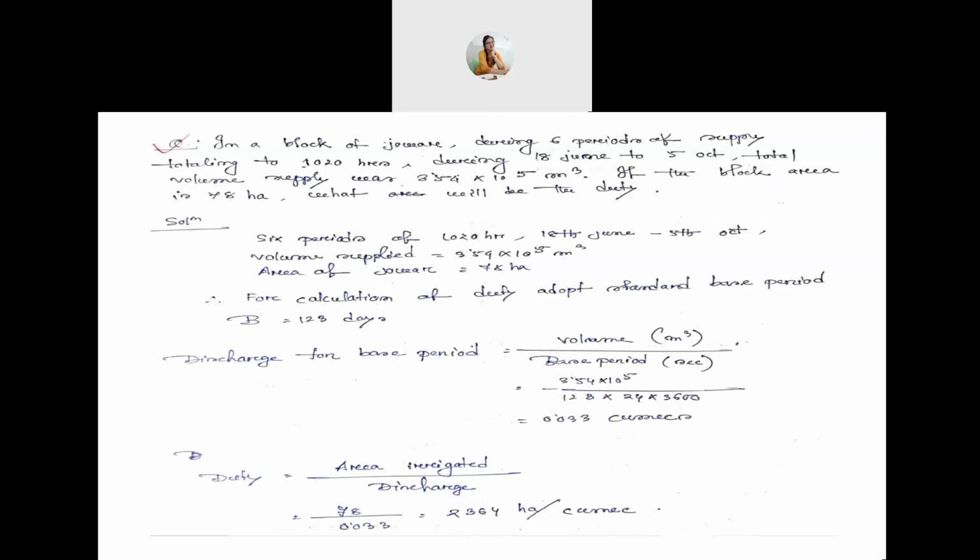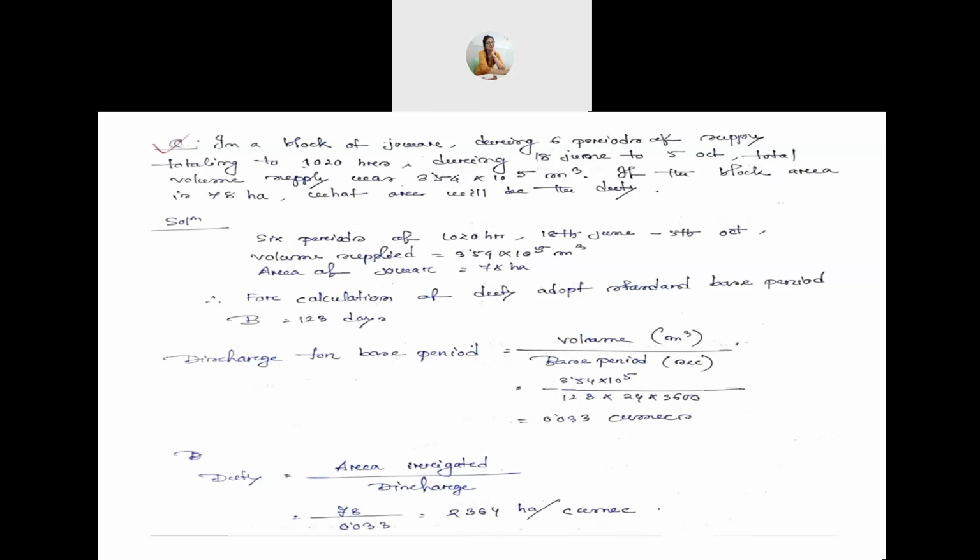So the third question is, in a block, jowar is the crop, okay? During 6 periods of supply totaling 120 hours, during 18 June to 5th October, total volume supplied was 3.54 into 10 to the power 5 meter cube. If the block area is 78 hectares, what will be their duty?